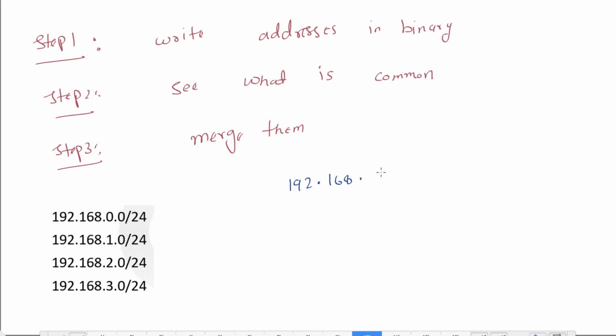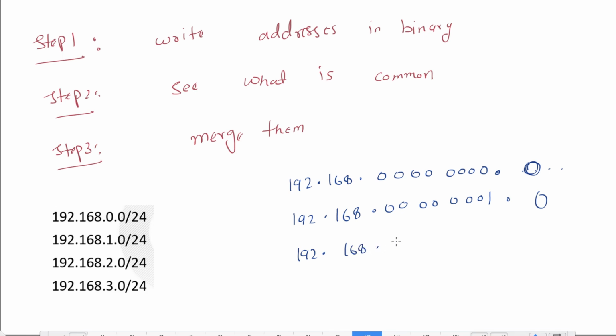It is basically 0, which will be 0 0 0 0 0 0 0 0 and then dot 0 in decimal, and then 192.168.1, which is 0 0 0 0 0 0 0 0 dot 0, and then 192.168 dot 0 0 0 0 0 0 0 1 0 dot 0, and then 192.168 dot 0 0 0 0 0 0 0 1 1. This is what these 4 networks are.